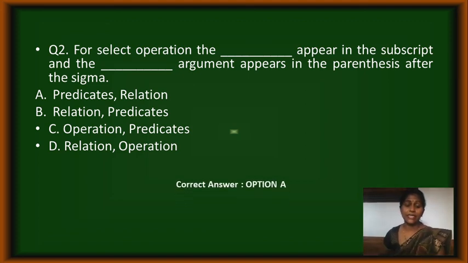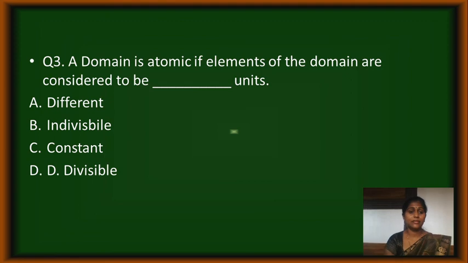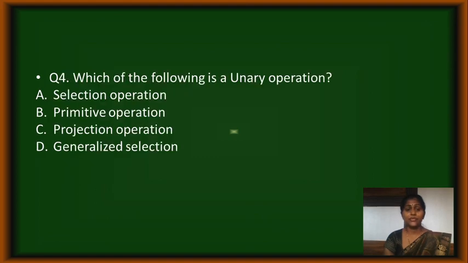Yes, predicates and relation will be there. Okay, and then a domain is atomic if elements of the domain are considered to be dash units. Yes, it's individual. Okay, which of the following is a unary operation? Select, project, primitive or generalized.